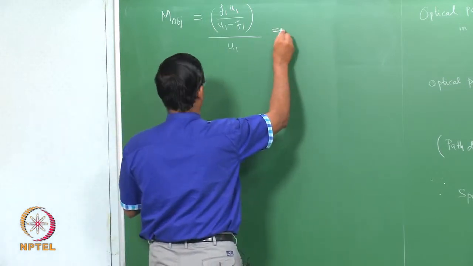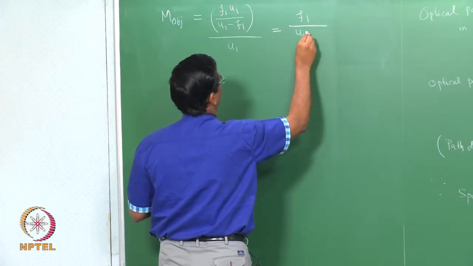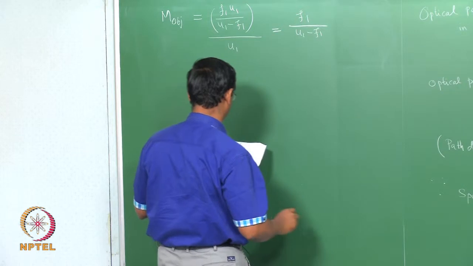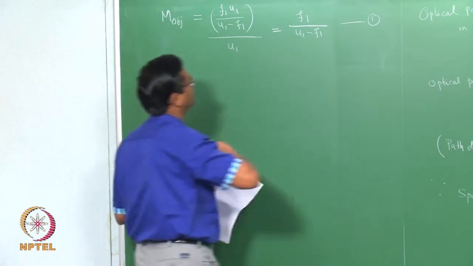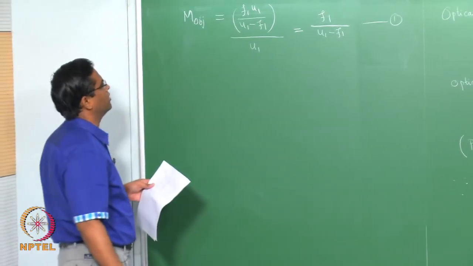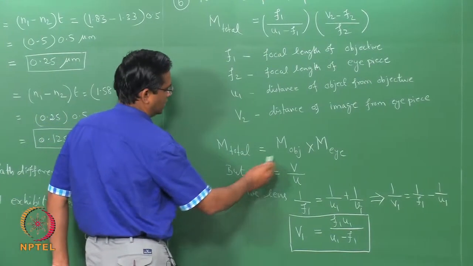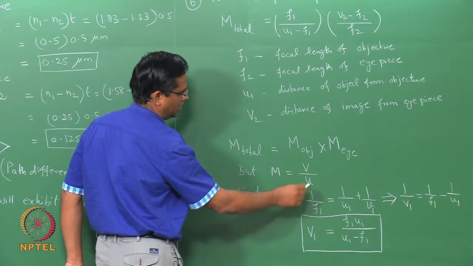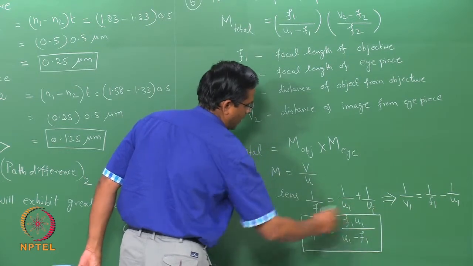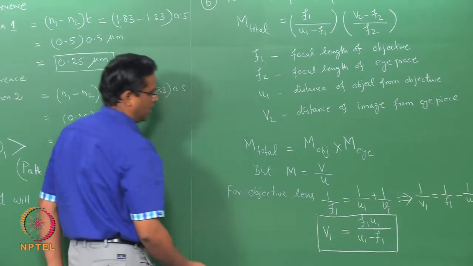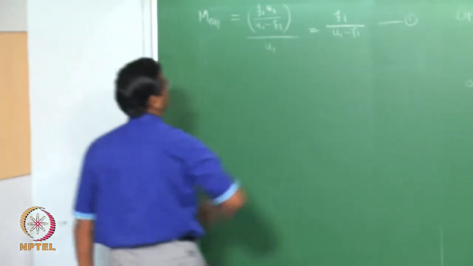So, you write like this: M objective is F1 divided by U1 minus F1. You can consider this as equation 1. What I have done is, from the lens equation we obtain an expression for V1, and then I simply substitute it into the magnification, and I get this kind of expression.